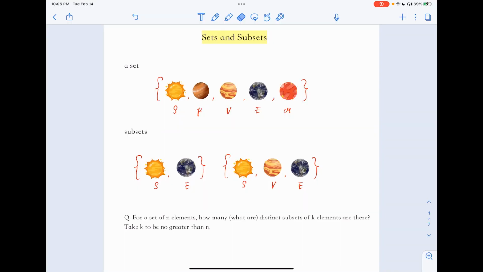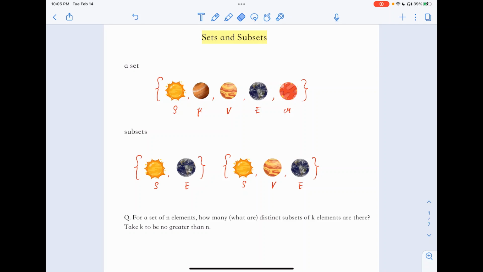Okay, I think we're now ready to formulate our question mathematically, which involves the concepts of sets and subsets. What is a set? Well, a set is a collection of objects. An example can be a set containing the Sun and the four inner planets, Mercury, Venus, Earth, and Mars. Right?